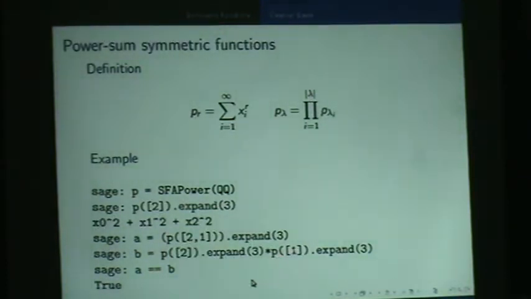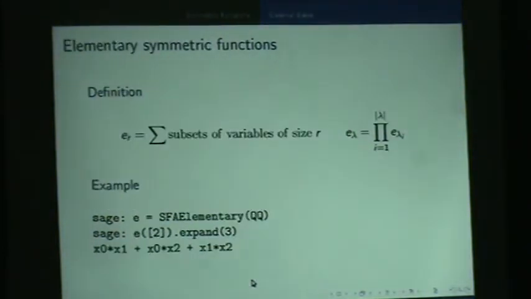And I do the same thing for 1, and expand it on 3 variables, and you get another polynomial. And then you perform this multiplication here between polynomials. So this is all happening in a multivariate polynomial ring within Sage. And you check that A and B are the same, and Sage says true. So Sage is doing the right thing, because that's how they're defined.